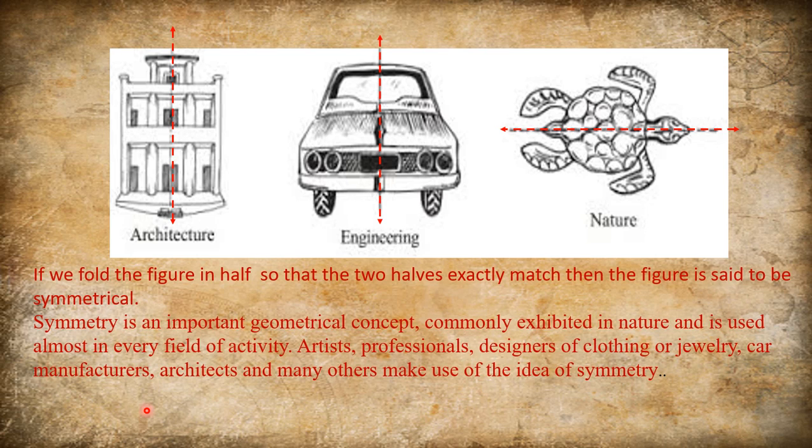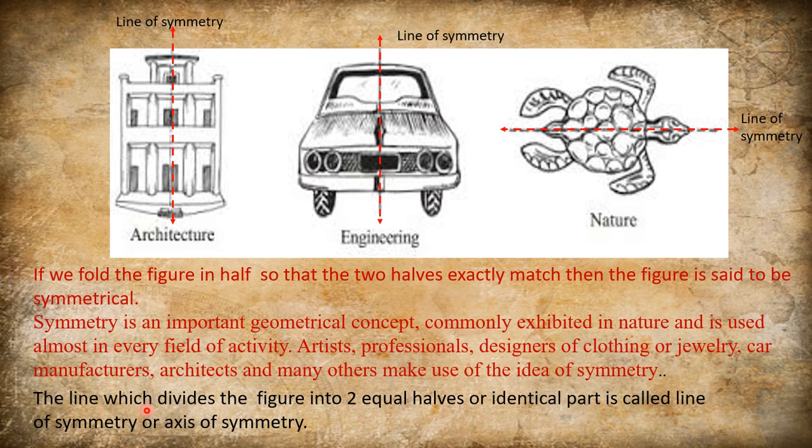So today we are going to start symmetry for geometric figures. The line which divides any object, any figure into two equal halves, such that both the halves are identical, is known as the line of symmetry, or it is also called the axis of symmetry.